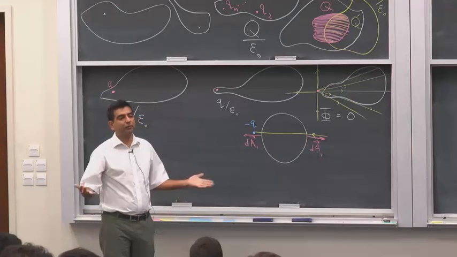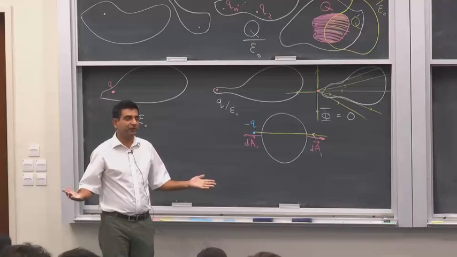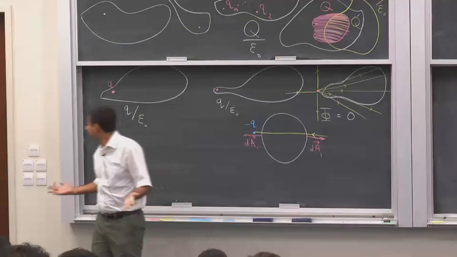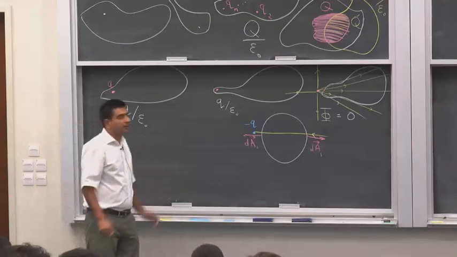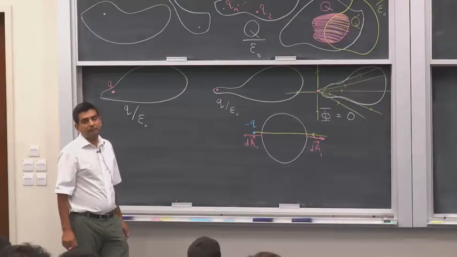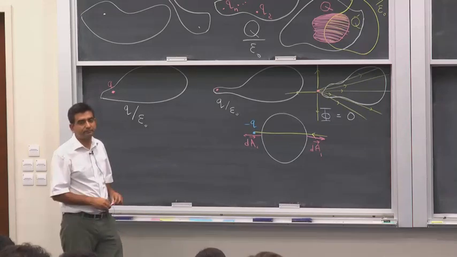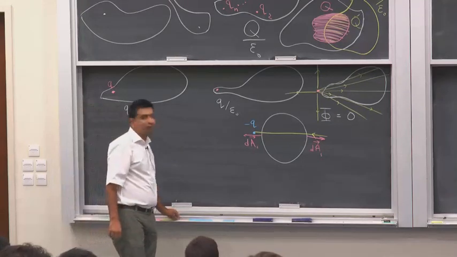What if the Coulomb law were not an inverse square law? What if it were an inverse cube law? You have to find that out. Then Gauss's law will not be valid anymore.